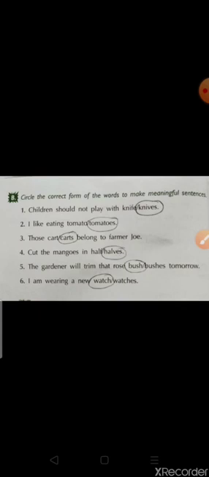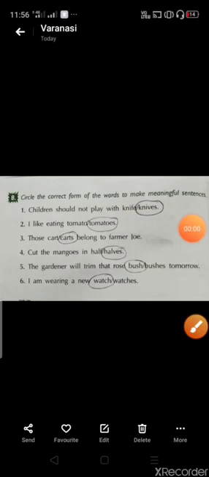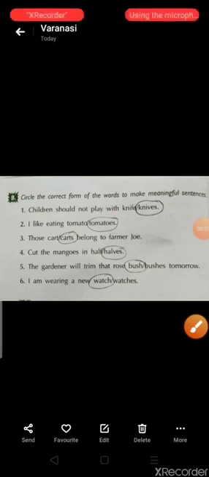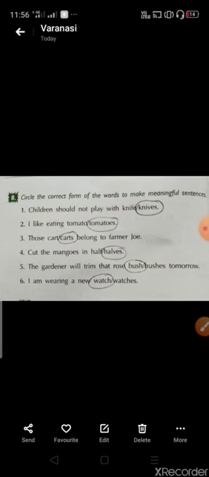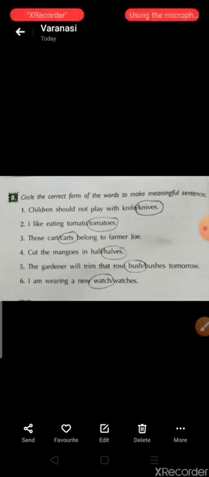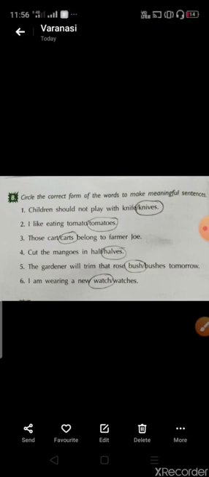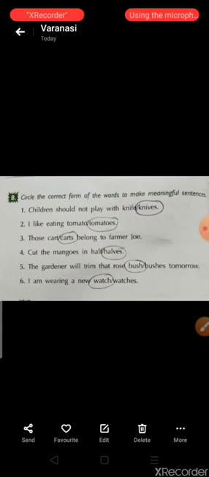Write it in your copy. Again, I am revising this exercise. In the first sentence, you can see knives. In the second sentence, tomatoes. In the third sentence, cards.